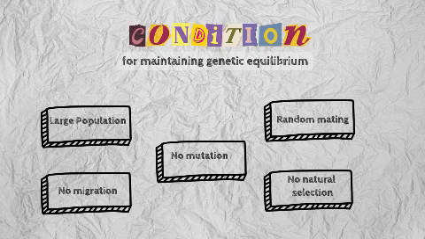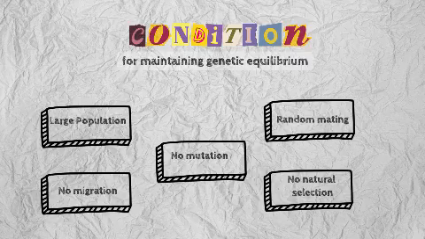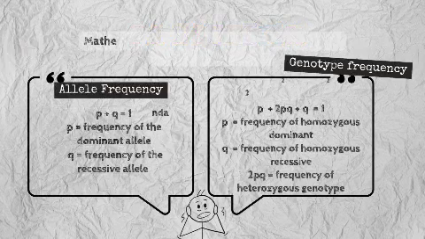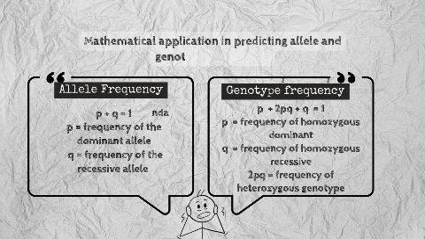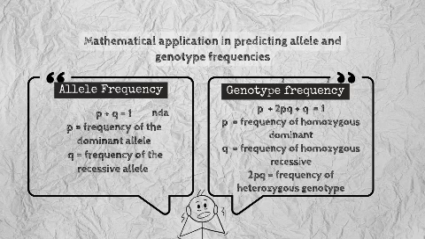The second is that random mating occurs, meaning no mating preferences exist. No mutation occurs, so genetic information remains stable. No migration, ensuring no gene flow into or out of the population. No natural selection, meaning all individuals have an equal chance of survival and reproduction. Under these assumptions, the principle allows us to predict allele and genotype frequencies using mathematical formulas.